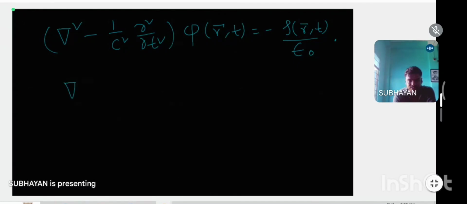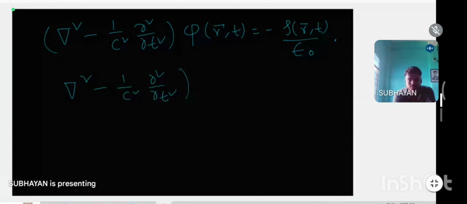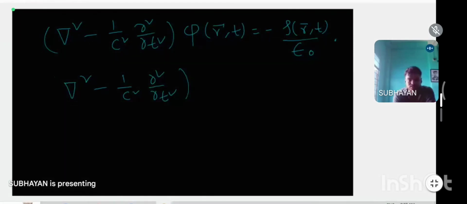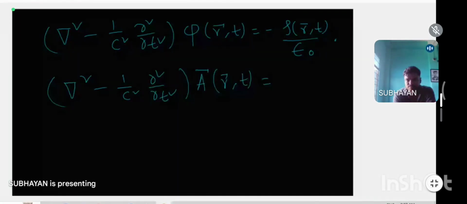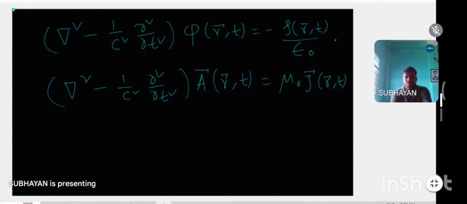And similarly for A, grad square minus 1 by c square del 2 del t2 of A, being a function of space and time, is equal to minus mu naught J. J will be a function of space and time. So these are the equations satisfied by the potentials phi and A in an arbitrary situation. The sources are functions of space and time, as well as the potentials.